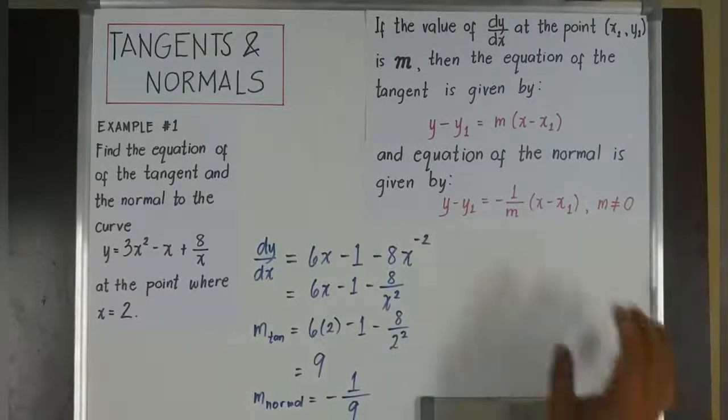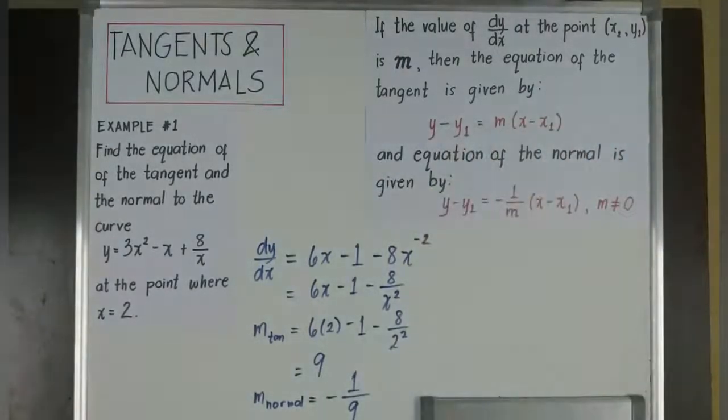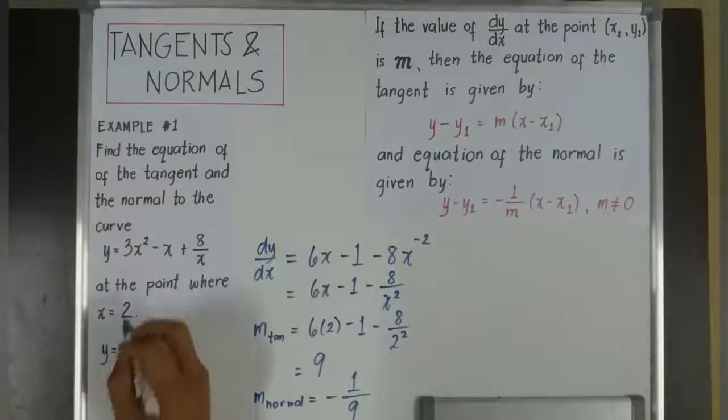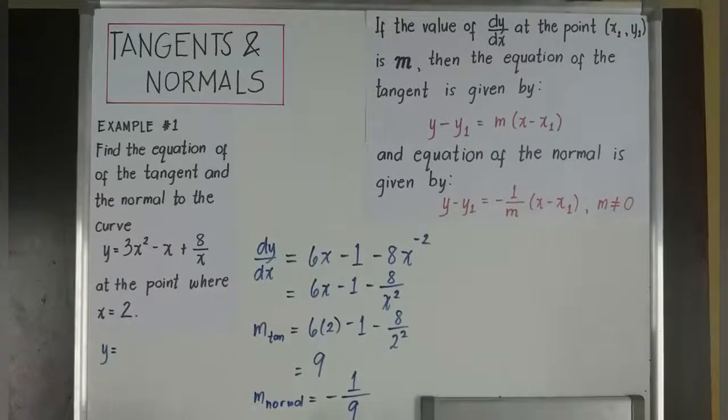But if you are going to study the formula well, you need x1 and y1. X is already given over here. X is equal to 2. That is already x1. We need to look for the y1. How do we look for the y1? We are just changing the value of x in the original equation of the curve.